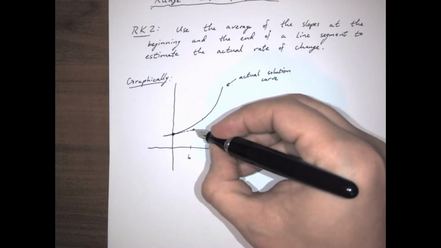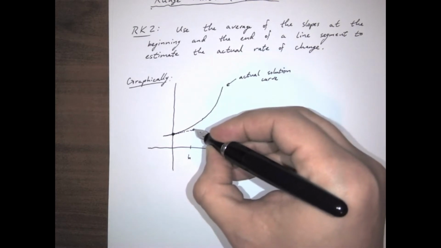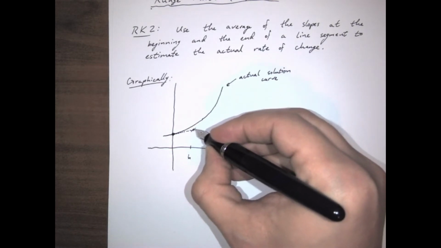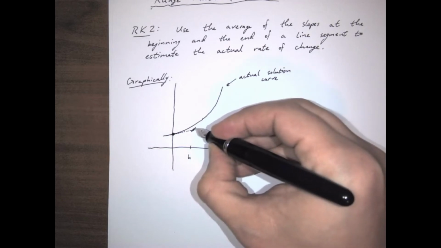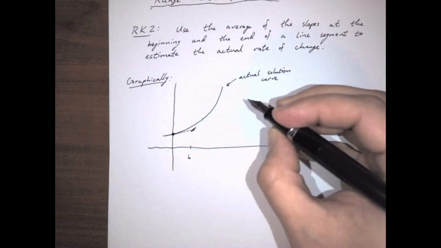Now what we can do is we can take the slope of this one and basically make a new line.